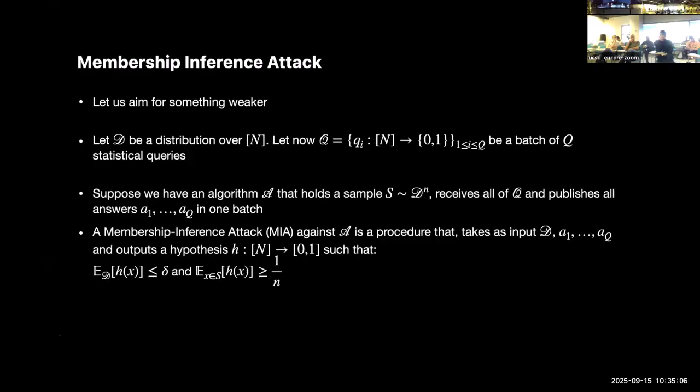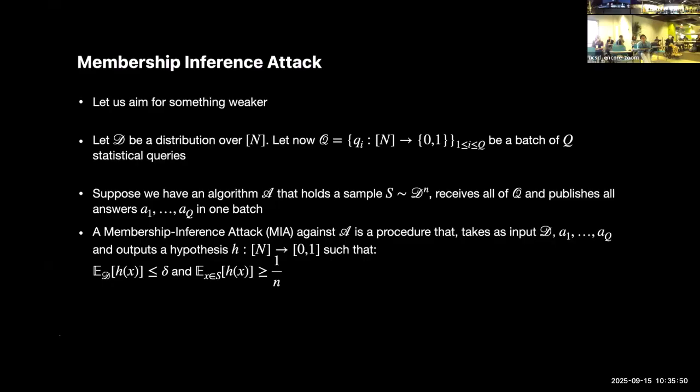But nonetheless, it can learn a hypothesis h such that, pretending for the moment that it is a binary hypothesis, if you draw a random point from the distribution, with high probability the hypothesis labels it as negative, whereas if you draw a point from the sample S, with decently high probability it labels it as positive. That's a membership inference attack, because by using the hypothesis you can infer the membership of at least one data point in the sample S.